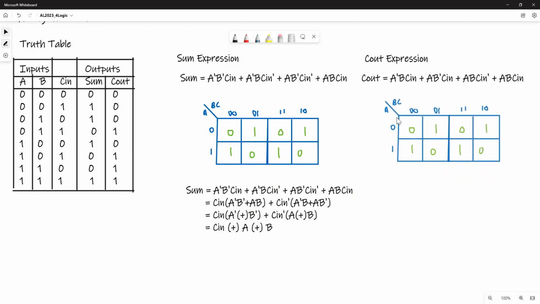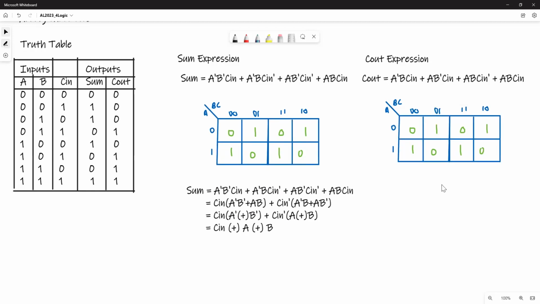So in the Karnaugh map, we can write down what the values are. Let me start from the beginning. Let me delete these values. Yeah. So now I have to fill these, right? You don't have to wait until I do, you can do it.